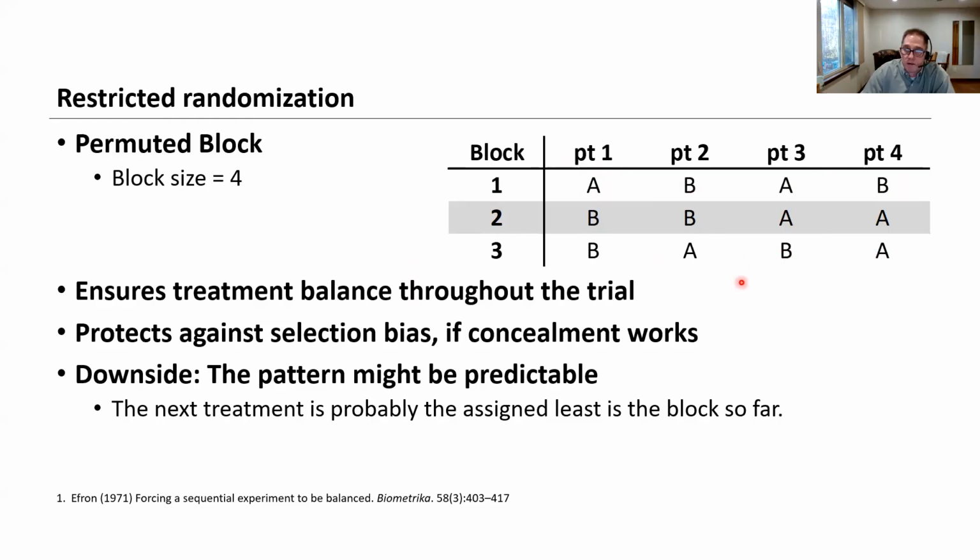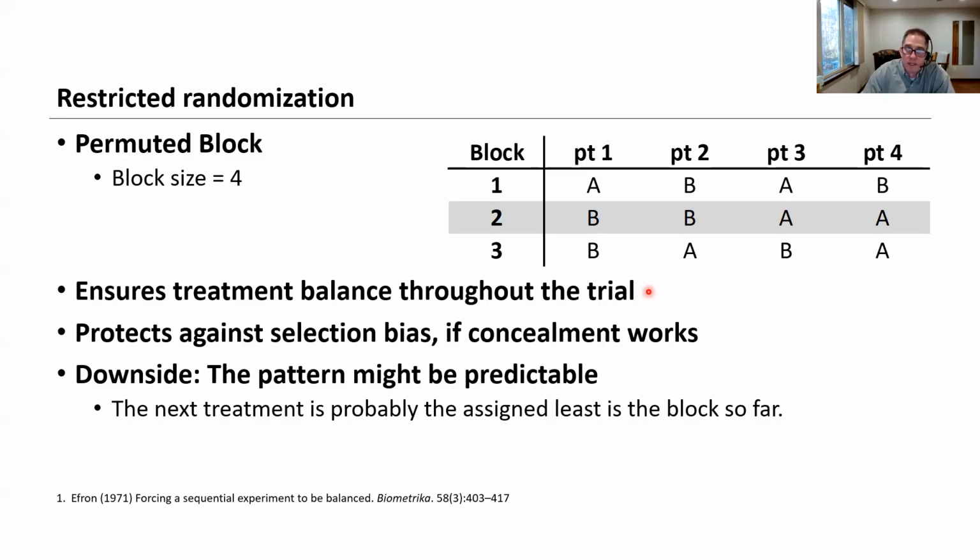This is the standard way that we do randomization within these blocks. This ensures treatment balance throughout the trial, and in this case, I'm thinking about that first interim analysis where you've only got maybe a third to a half of the number of patients that you expected to accrue, so we like to ensure that balance at an early point in the study.